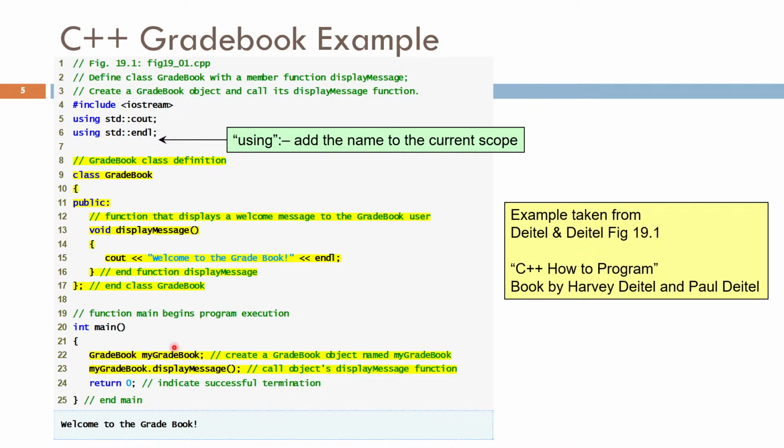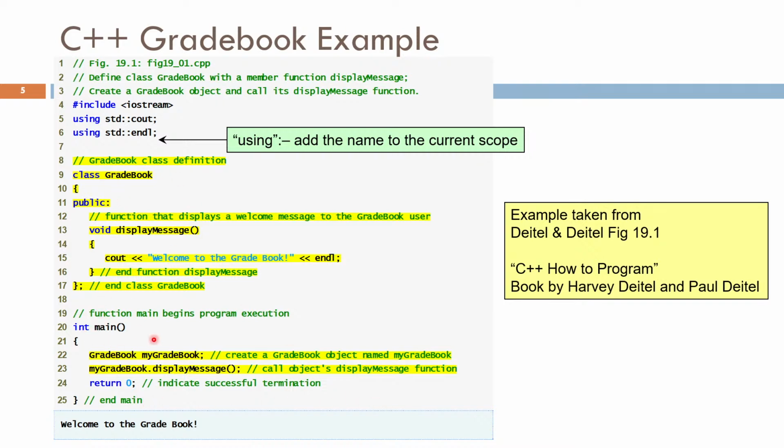And once you have an object of type GradeBook, to access any of the member functions or data members within our object, we use the dot operator after the object name. So we have myGradeBook dot displayMessage. That gives a reference to the displayMessage function that we have inside our GradeBook.